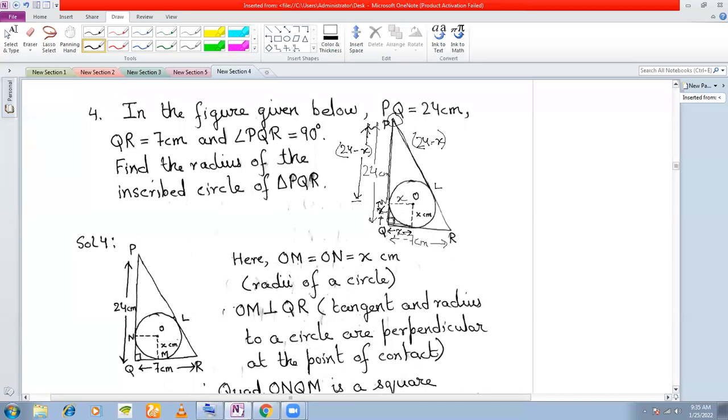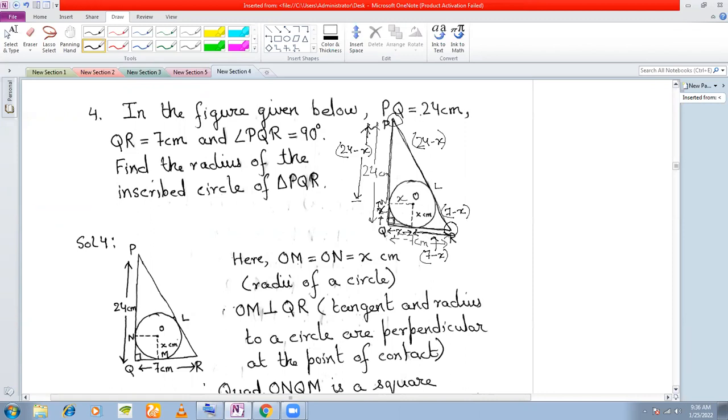Okay. So once I've got the length of PL, now if you see this length here, how much is this length? This entire length is 7 centimeters, and this length is x centimeter. And this length must be equal to 7 minus x, right? Now, if this length is 7 minus x, and if R is an external point from which I am drawing two tangents, then this length must also be 7 minus x, right?